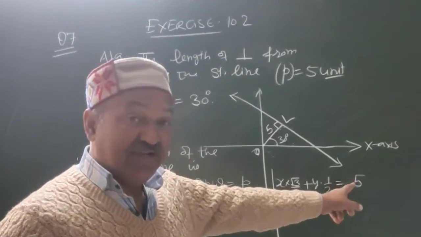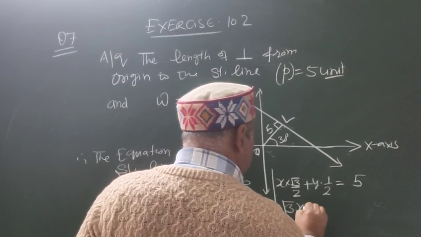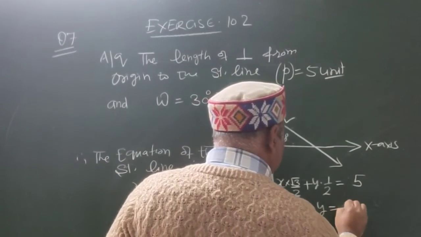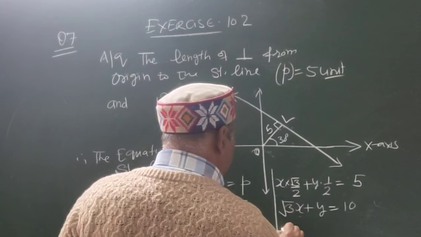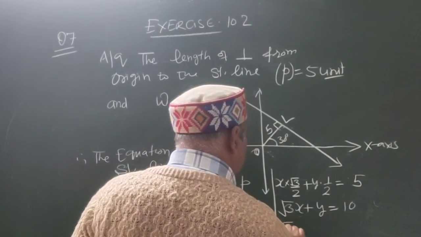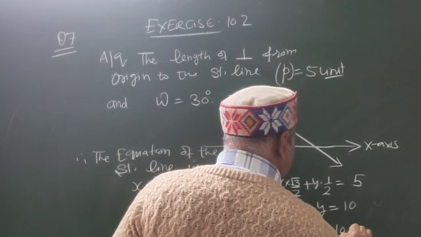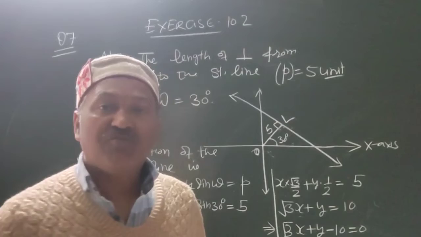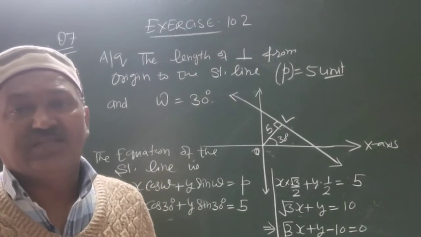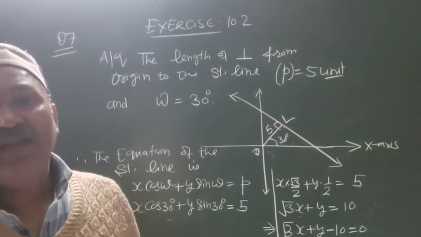Multiplying both sides by 2, we get root 3 x plus y is equal to 10. That is, root 3 x plus y minus 10 is equal to 0. This is the equation of the required straight line in which omega and p are given to you.